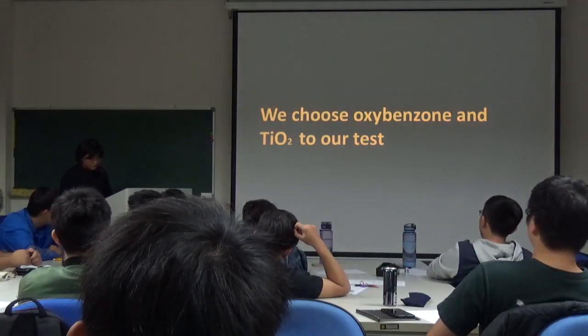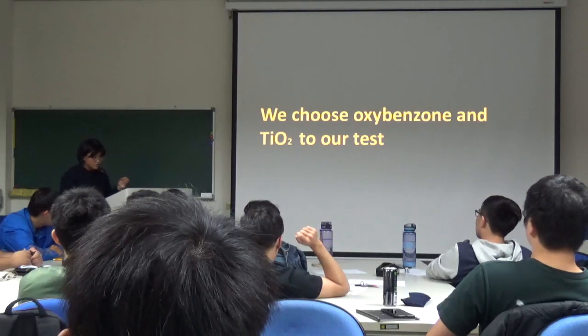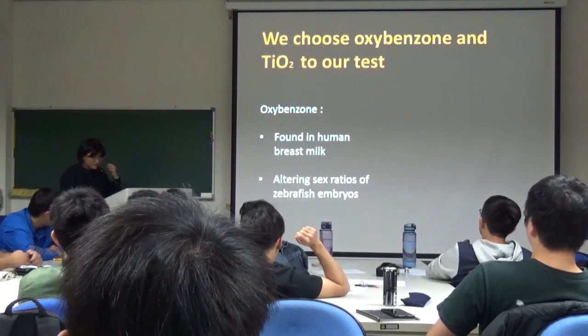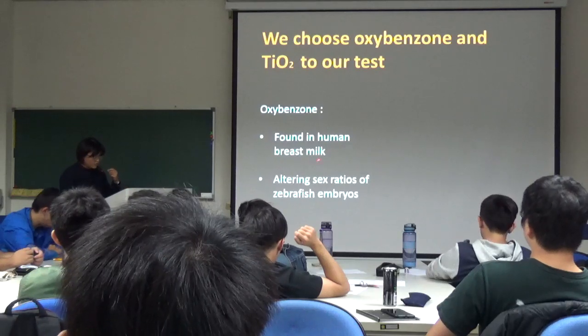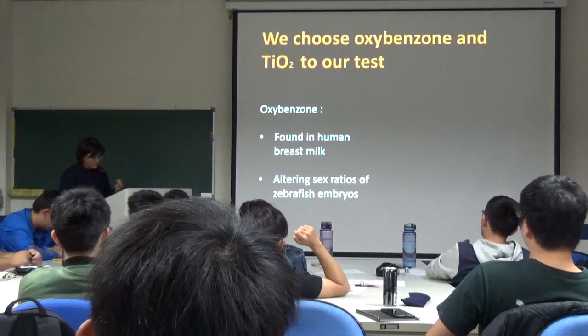And we choose oxybenzone and T for our test. Maybe you want to ask why we choose these two components. Because oxybenzone has been found in human breast milk and it will alter the sex ratio of zebrafish embryos.